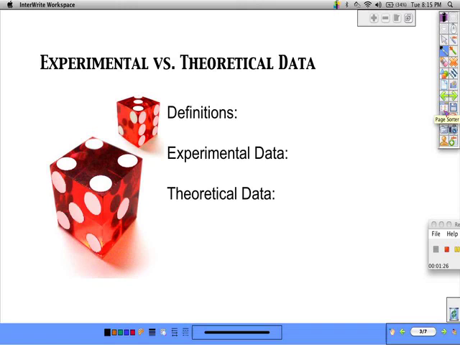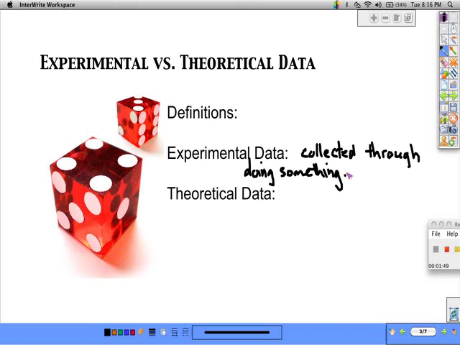So some definitions. Experimental data is data that is collected through doing something. For instance, if I was going to collect experimental data on flipping heads and tails, I would take a coin and flip it 20 times and write down what I get each time.